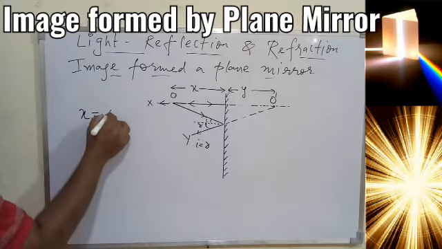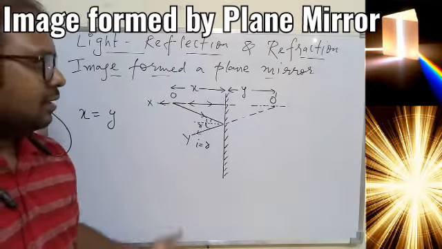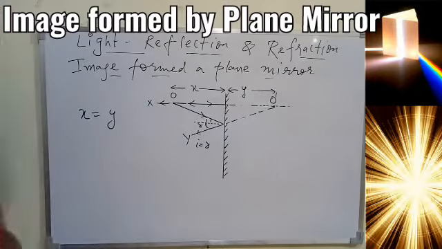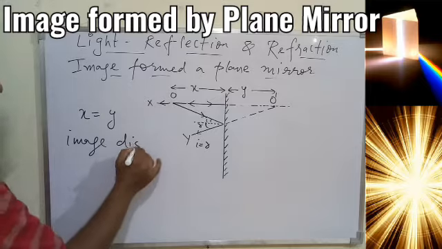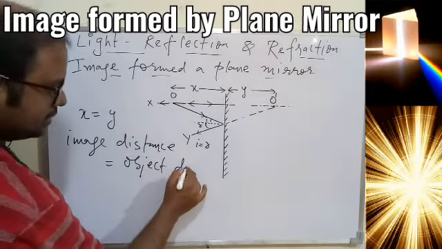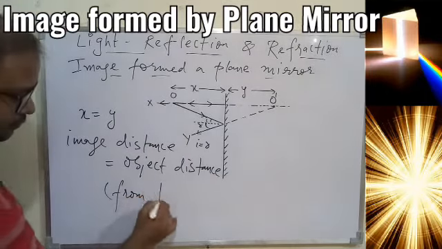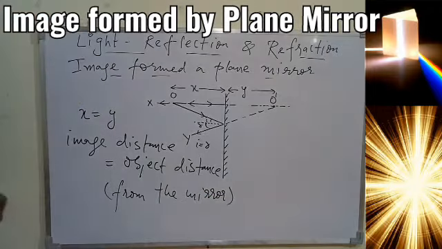So in this case X and Y will be equal all the time. So we can say in general the image formed by a plane mirror is such that the distance of the object from the mirror is equal to distance of the image from the mirror. That is, image distance is equal to object distance from the mirror. So this is one of the characteristics of the image we got with the help of this ray diagram.